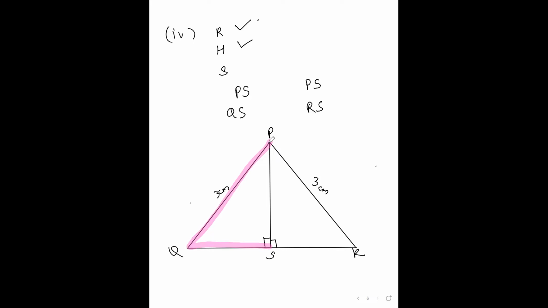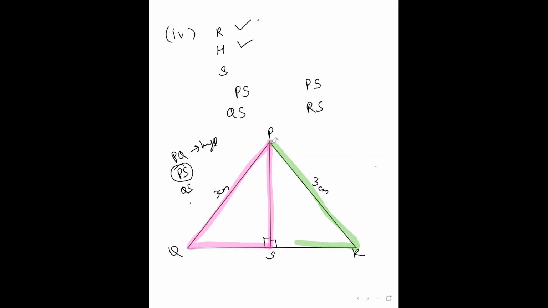What are the three sides of this triangle? PQ. That is the hypotenuse, okay. Then PS. And QS. What did you ask just 1 minute ago? You said, how is PS a side? Yeah. Now you understood how it is a side? Yeah. It is a common side for both of these triangles.